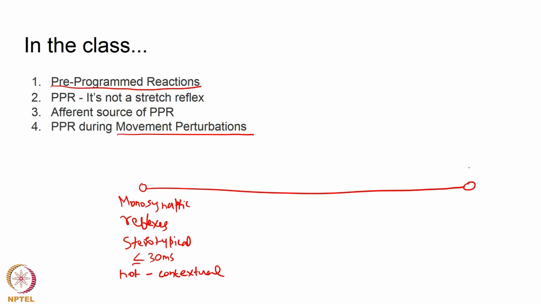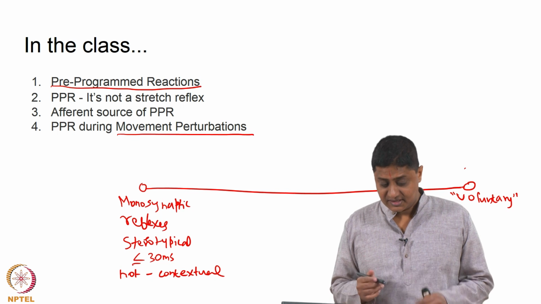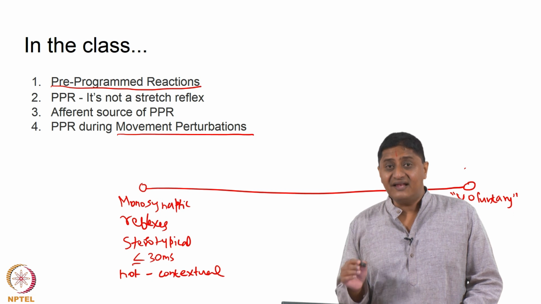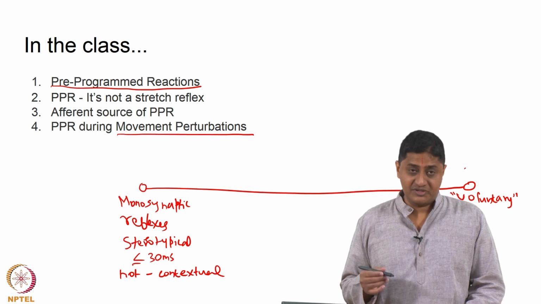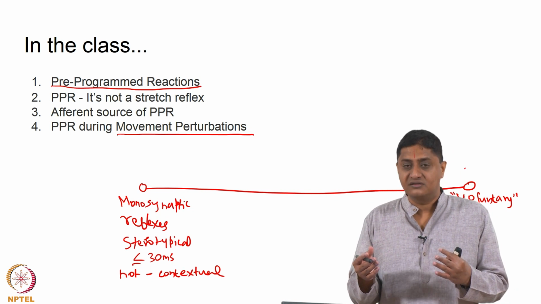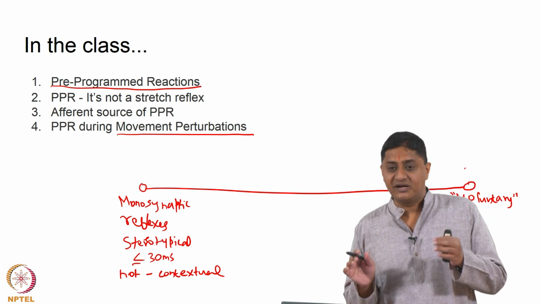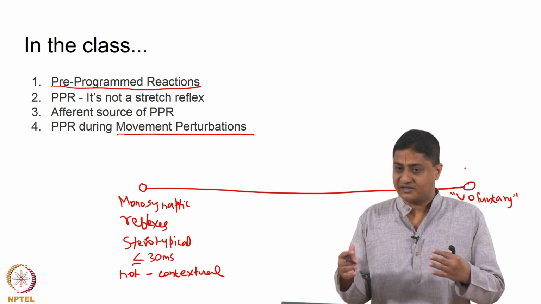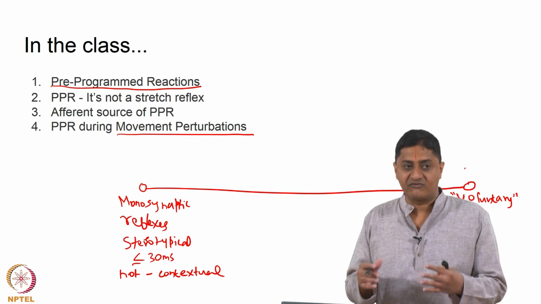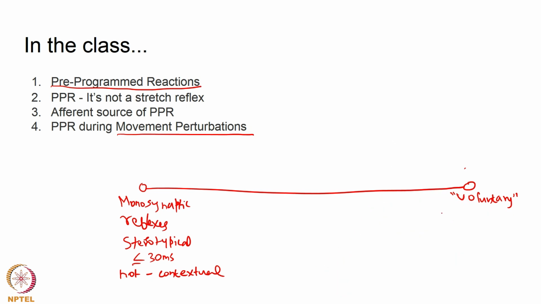At the other end of the continuum you have voluntary movements. These are well tailored responses to perturbations. There is something that is happening, I know what is happening, I have thought hopefully within my rational mind as to the future course of action, and I am reacting. Well considered decisions that manifest as movements are voluntary actions. They are not stereotypical, they are extremely context specific.